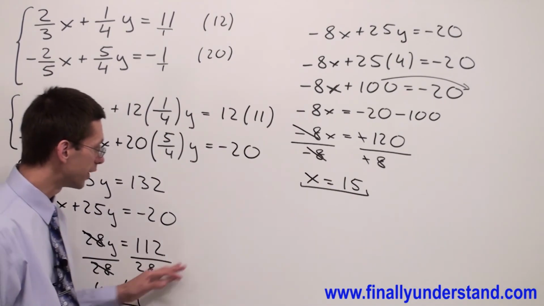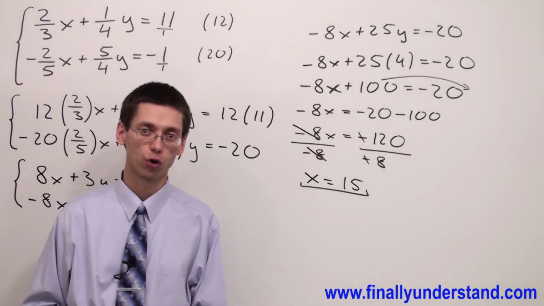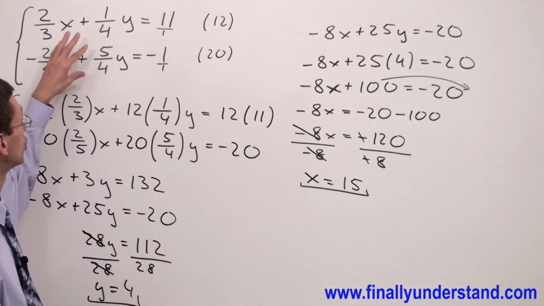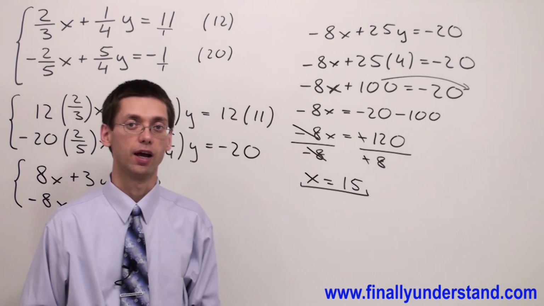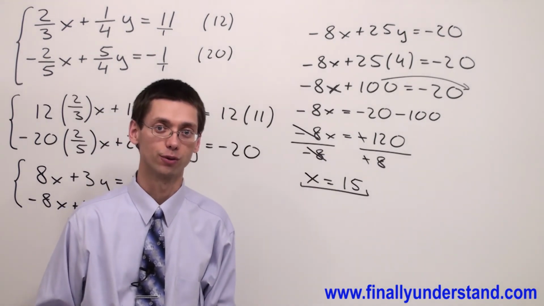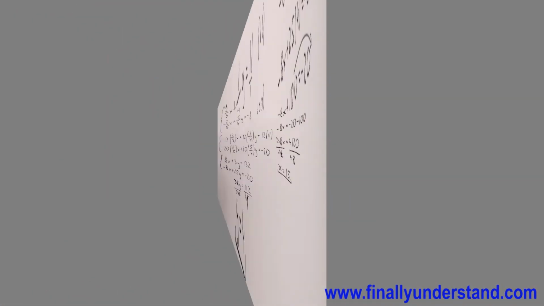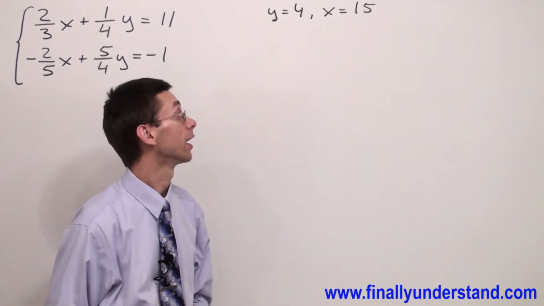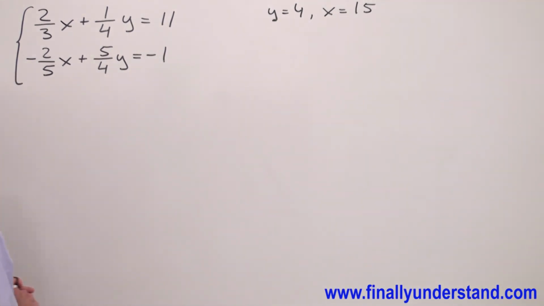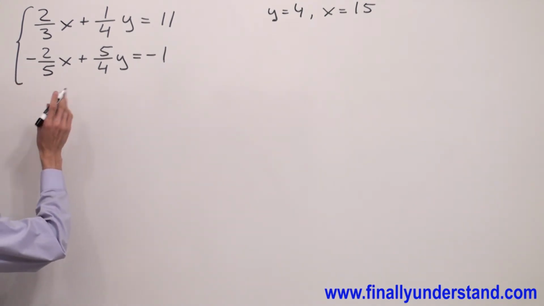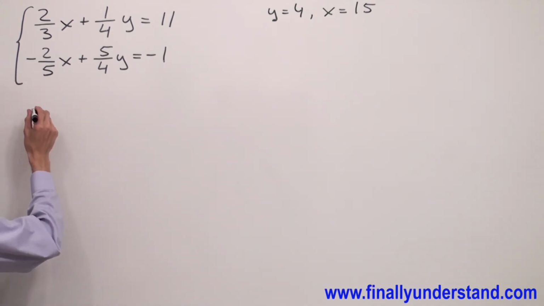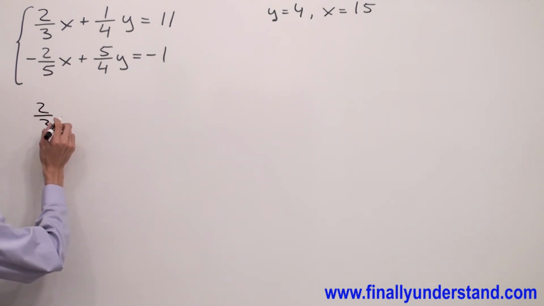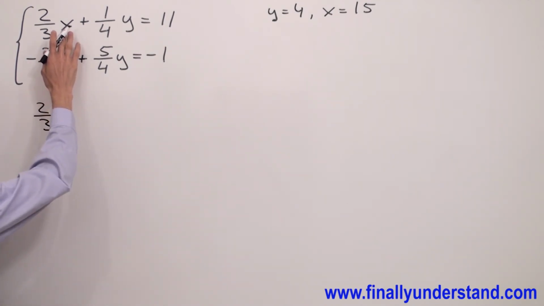In order to verify that our answers are correct, we're supposed to apply these values into our original equations. How to do so? Let me show you. We found out that y is equal 4 and x is equal 15. So let's apply these values into the first equation. We have 2 over 3 times x.